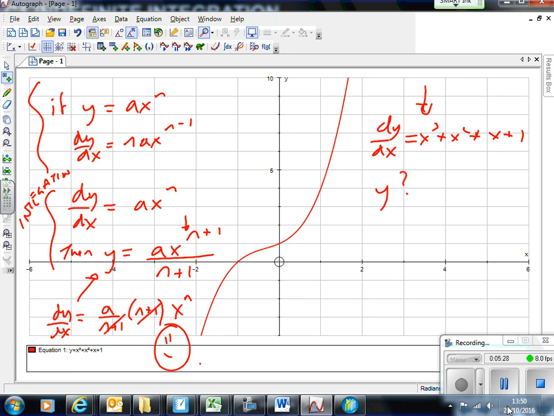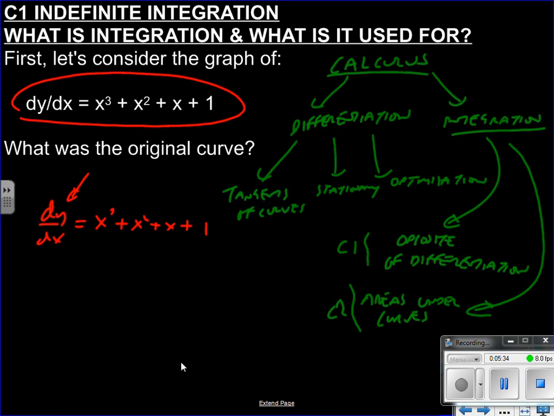Now that was a very informal way of me writing this down, so let's do the formal way, the most important way, the notation way. So for integration, we're saying if y equals, or dy by dx equals, it doesn't matter because remember this in itself is a function of its own.